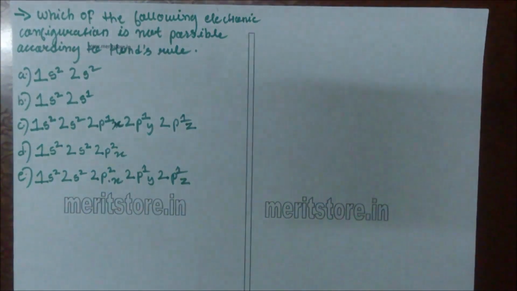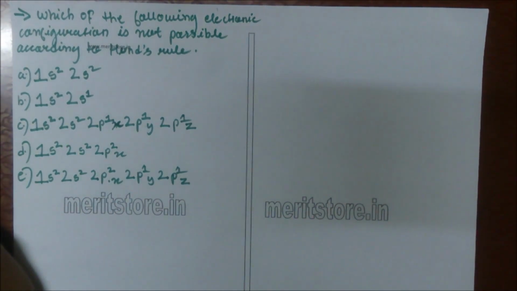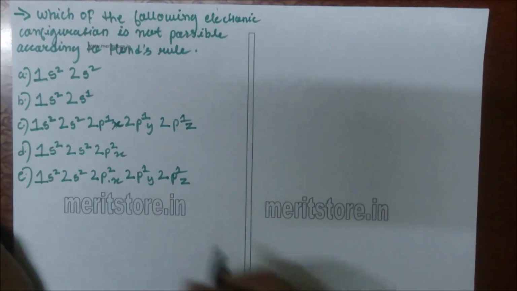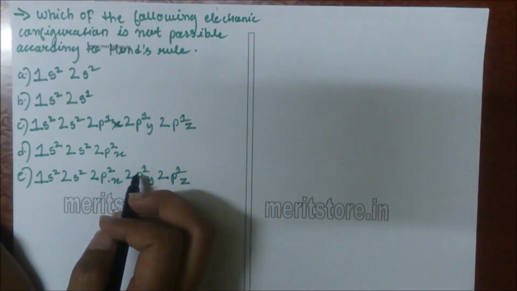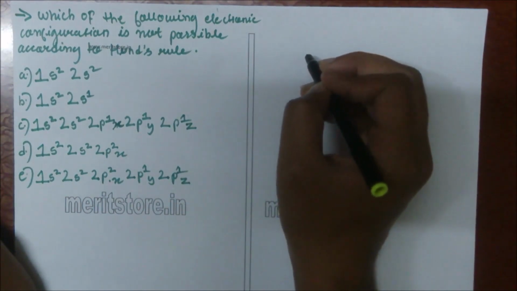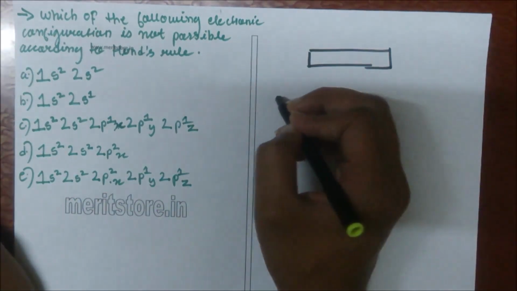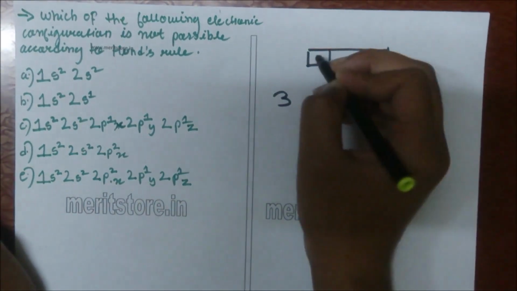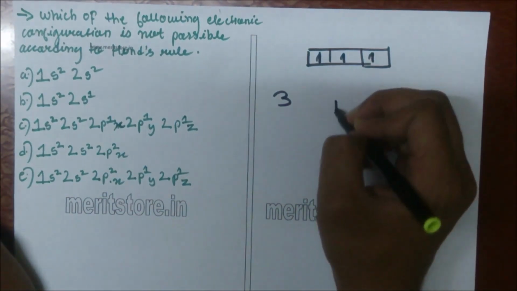Which of the following electronic configurations is not possible according to Hund's rule? According to Hund's rule, all the electrons which are being filled should be singly or unpaired. So in this 1s2 2s2 there are 2p6 electrons. The electrons should first be filled individually in each orbital of the subshell, as the unpaired electrons have high energy.